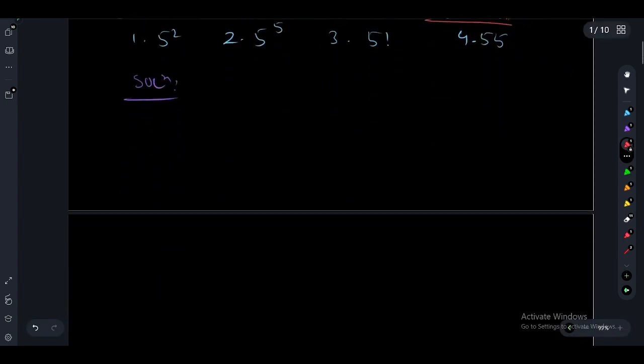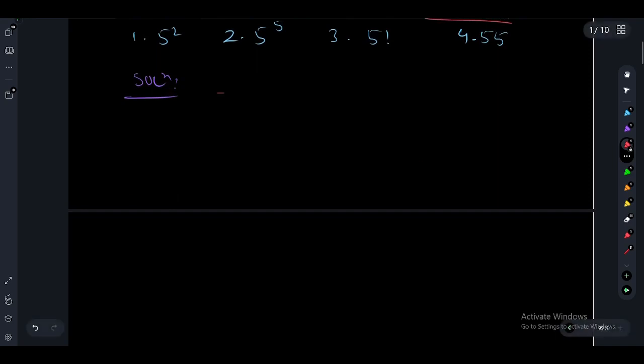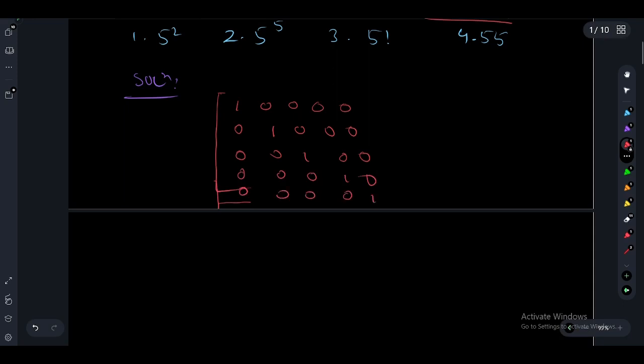So how do those matrices look? If we take the identity matrix of order 5 by 5, then this is our matrix. As you can see, every element of this matrix is either 0 or 1, and there are no other elements.